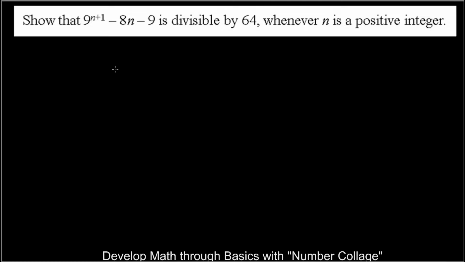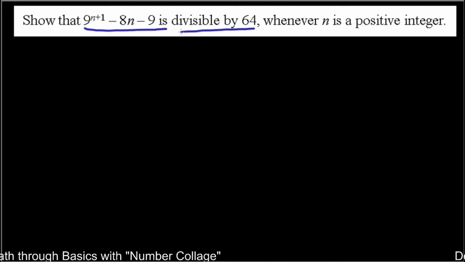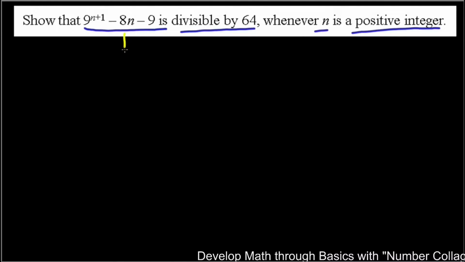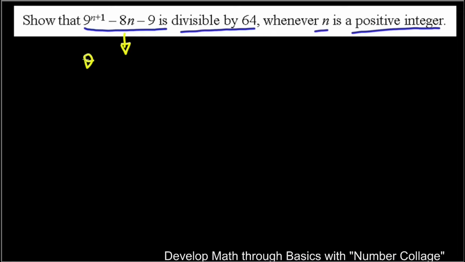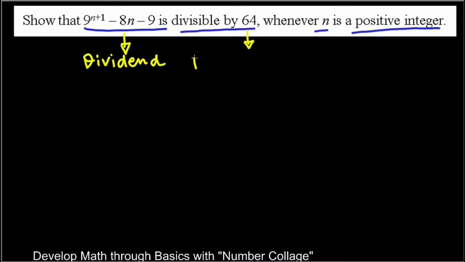In the next problem, we have to show that 9 raised to n plus 1 minus 8n minus 9 is divisible by 64, where n is a positive integer. Now 9 raised to n plus 1 minus 8n minus 9, which is a dividend, is divisible by 64, which is a divisor.